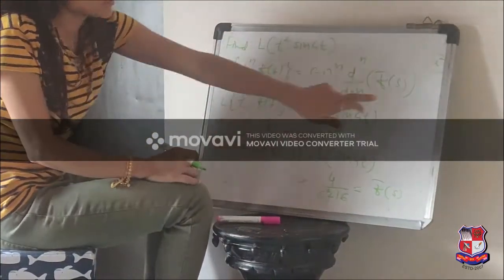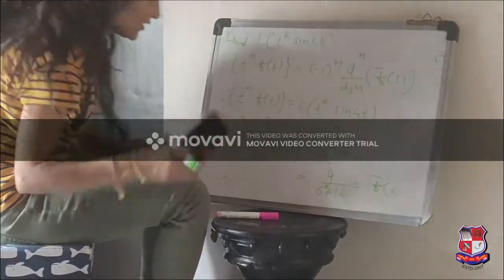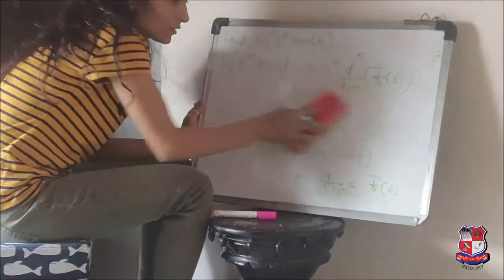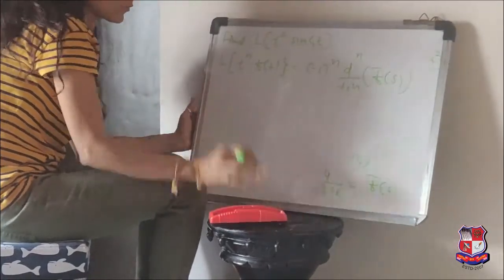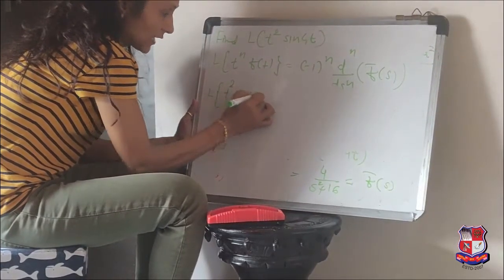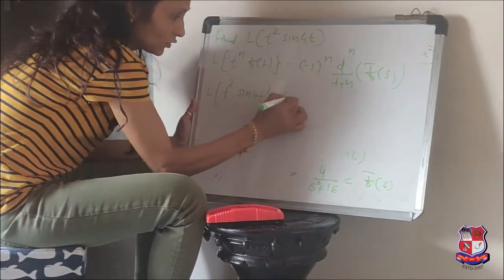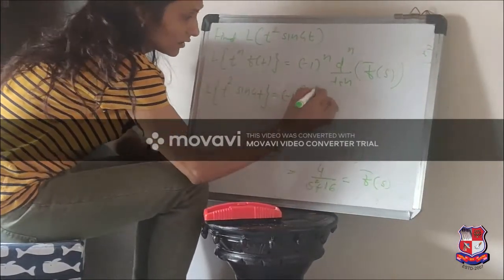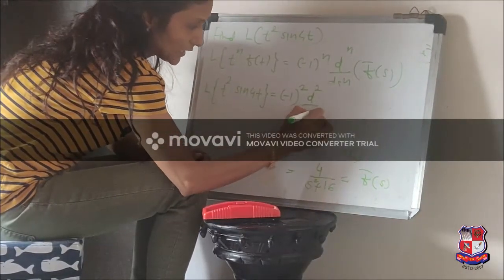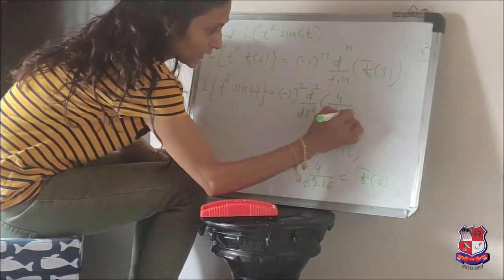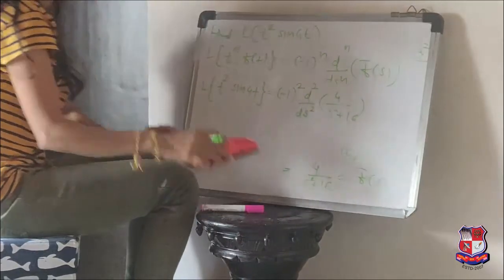Now we put this value here. With n equal to 2, L of t square sin 4t is equal to minus 1 square d square upon ds square of f bar s, that is 4 upon s square plus 16.